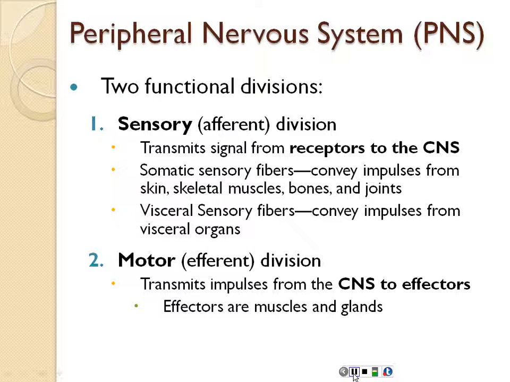Nothing's happening until that signal from that receptor makes it to the brain. So whose job is it to get the signal from my fingertip to the brain? Right. Initially, it's the role of the nerve. So nerves carry the signal from receptors to the CNS, right? That's half of the story.